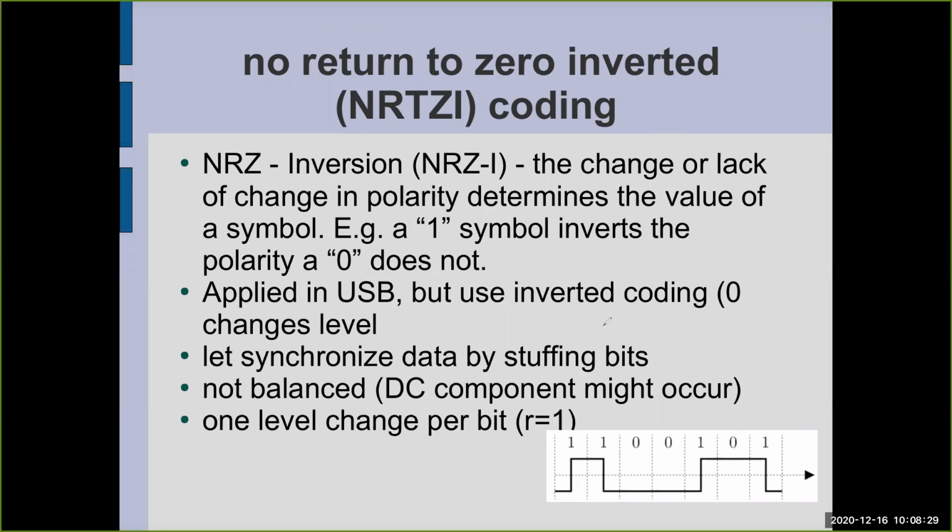It is used in, for example, USB 1 and 2. So you can see that here the change of signal is related to the bit. So for 1, the change occurs, and for 0 not.